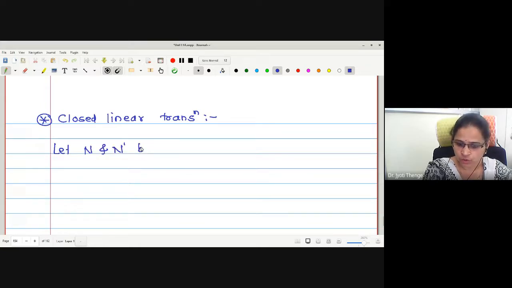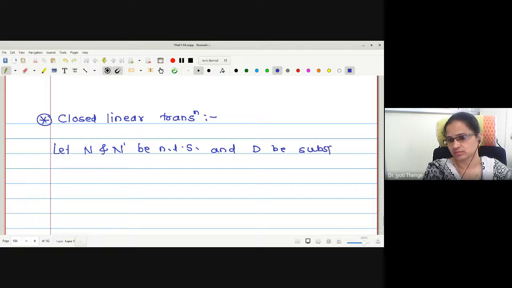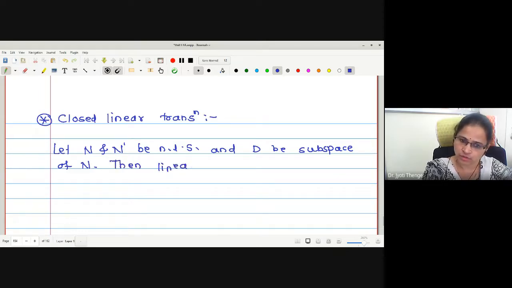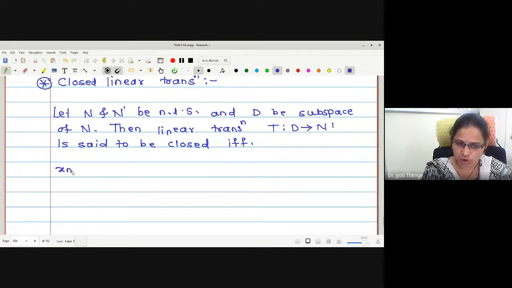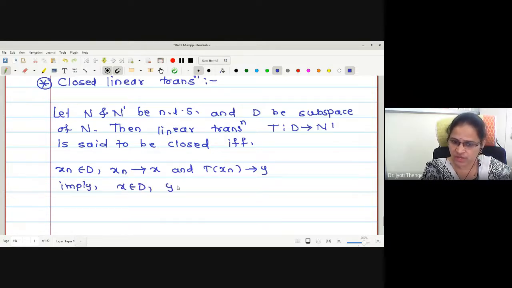Let N and N dash be normed linear spaces and D be a subspace of N. Then a linear transformation T from D to N dash is said to be closed if and only if xn belongs to D, xn tends to x, and Txn tends to y imply x is in D and y is equal to Tx.